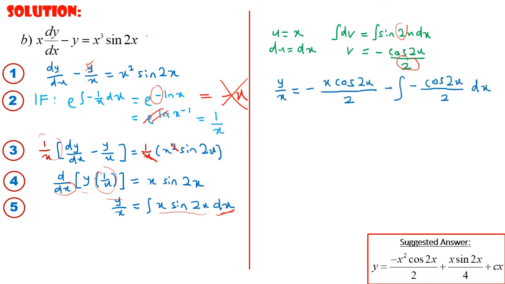Don't forget, on the left hand side we still have y times the integrating factor, that is y over x. And on the right hand side, remember the by parts formula, uv minus the integral of v du. So uv is x times negative cos 2x over 2. We move the negative outside, and then minus v du.